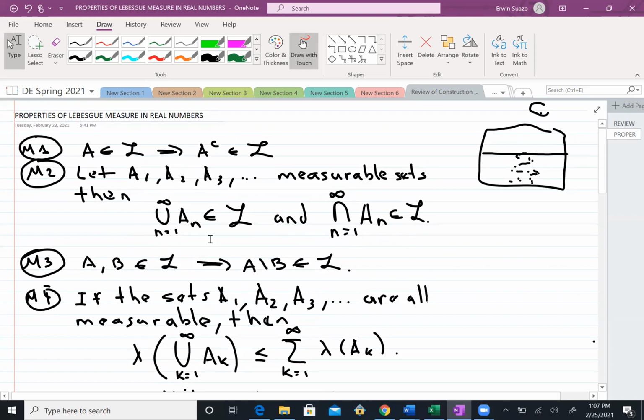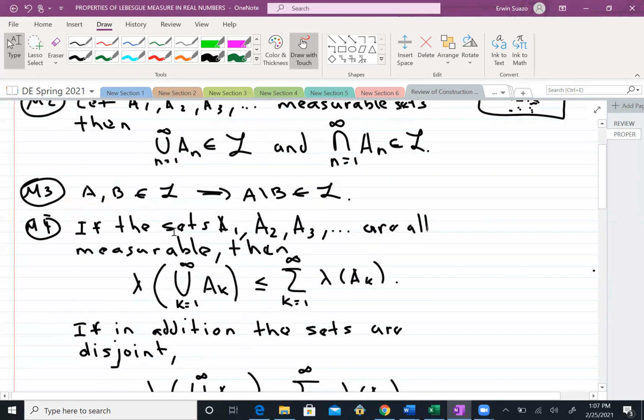Now if A and B are Lebesgue measurable and you take the difference, it is also Lebesgue measurable. So that's important for one of your homeworks.